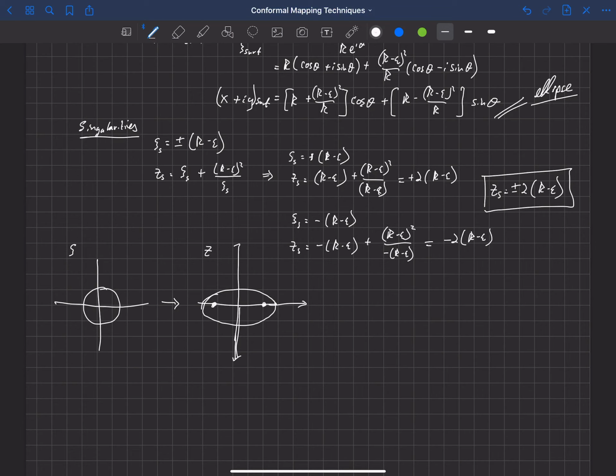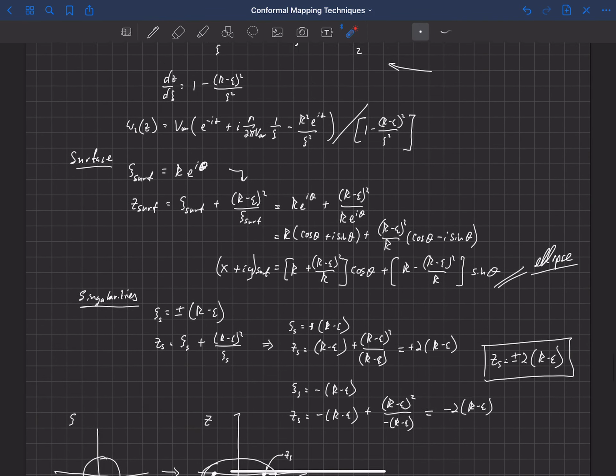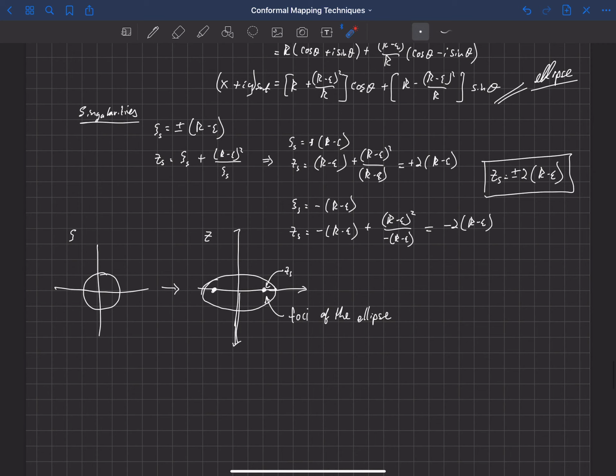The foci of the ellipse are those z singularities, and this is the surface up here. This is the equation for the surface of the ellipse in the z-plane. Okay, so what we've done here is applied a conformal transformation that now gives us flow over an ellipse.